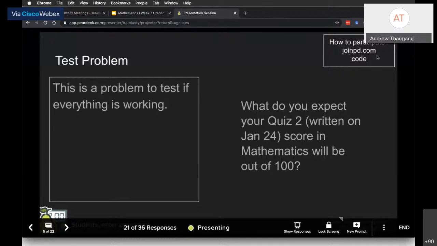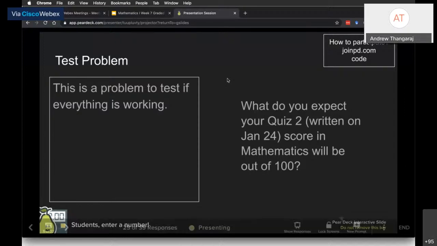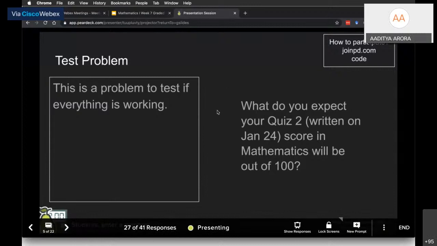Go in another tab on your browser, go to joinpd.com and enter this code. What is the code? The code is on the right top, FKZUKM. Go there, and then you will be able to see this answer box as well.